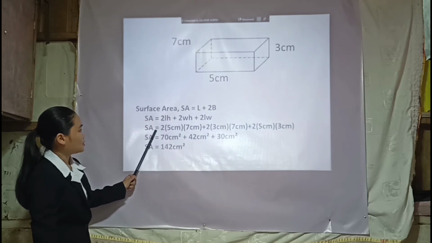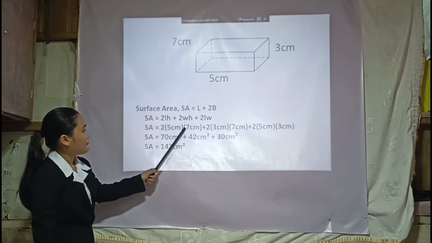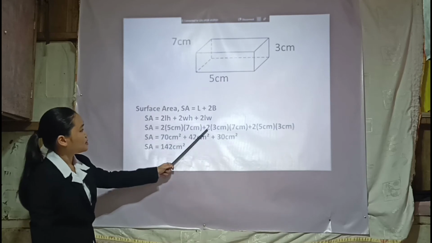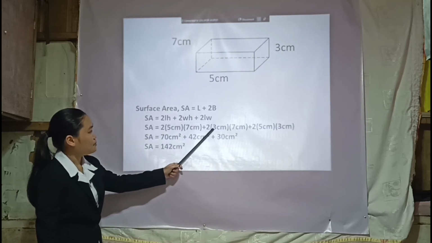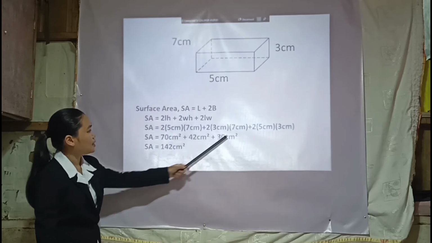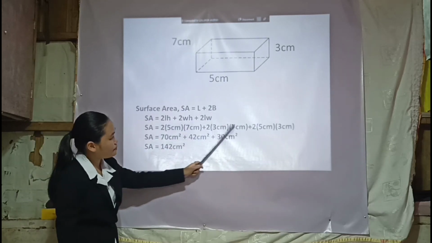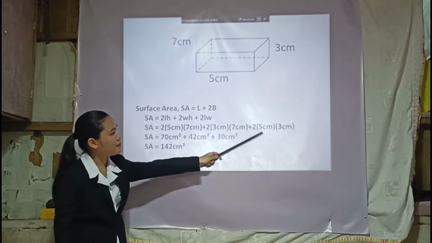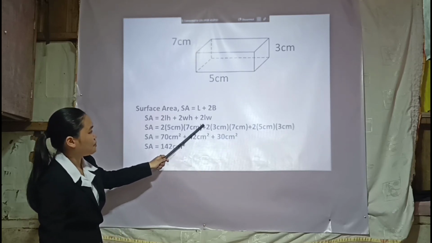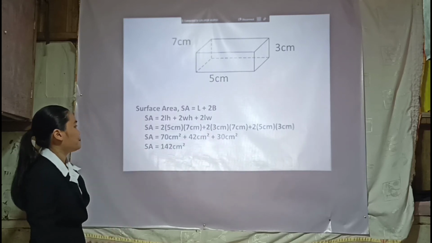Surface area equals 2 times 5, since the value of the length is 5 cm, times the height, which is 7 cm, plus 2 times 3 cm, which is the value of the width, and 7 cm, which is the value of the height, plus 2 times 5 times 3, which 5 cm is the value of the length and 3 cm is the value of the width.